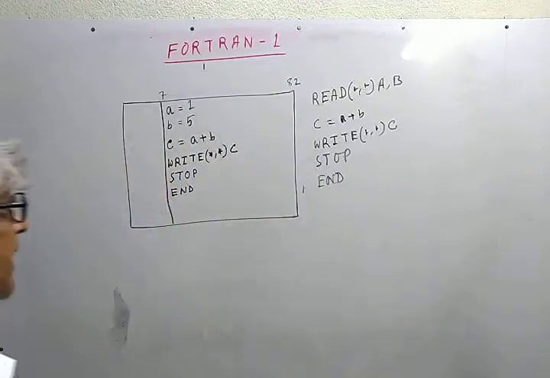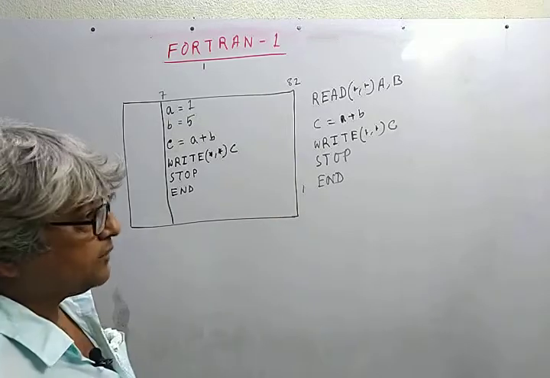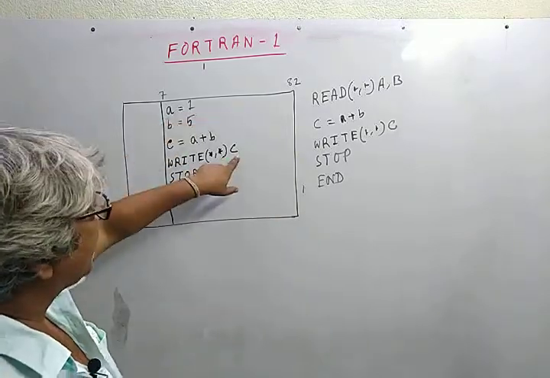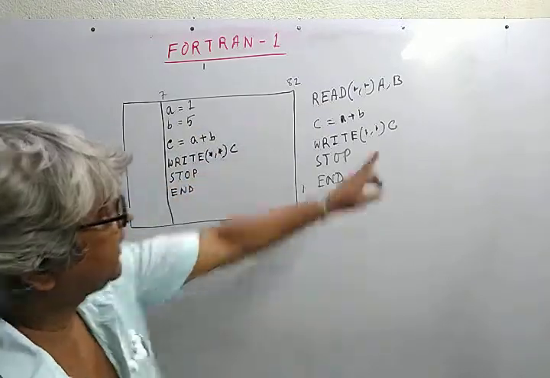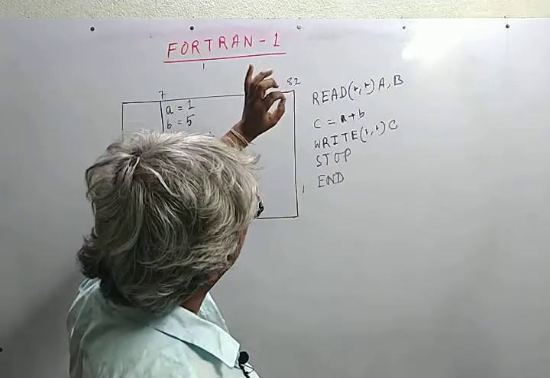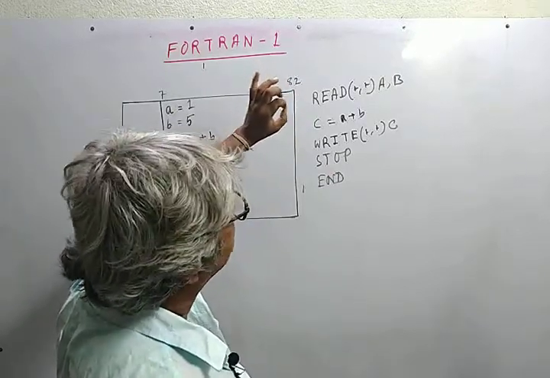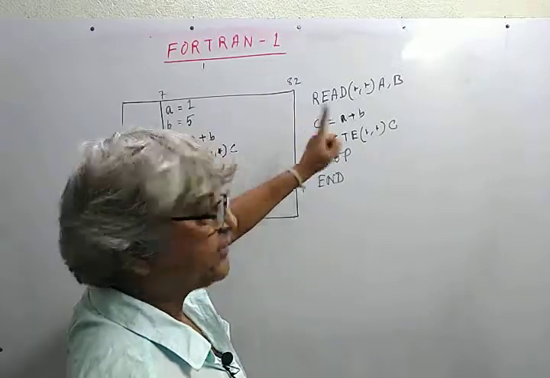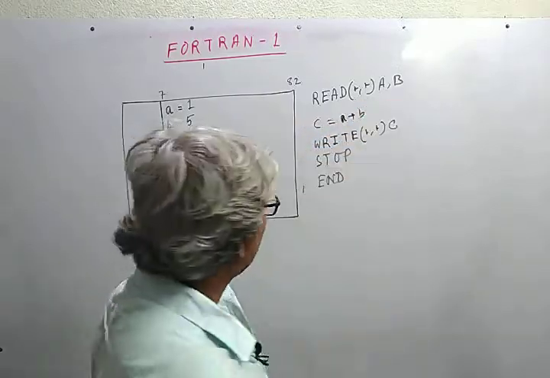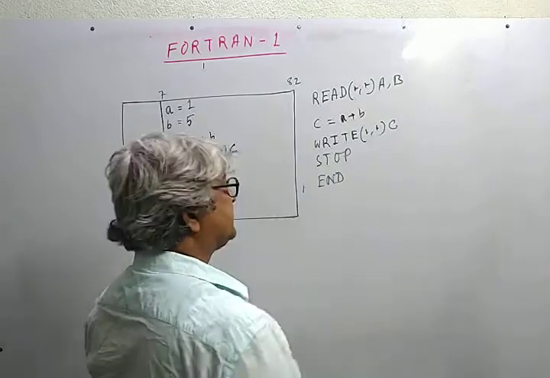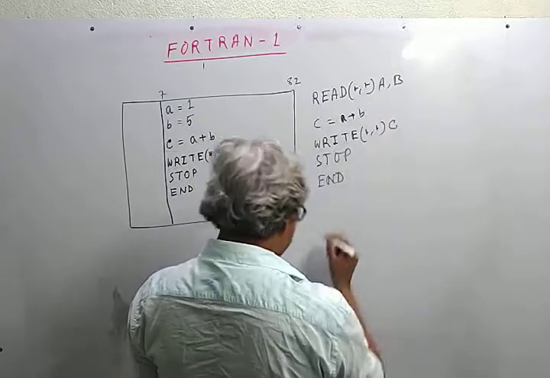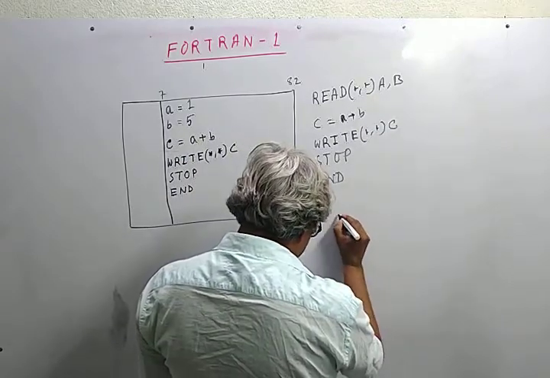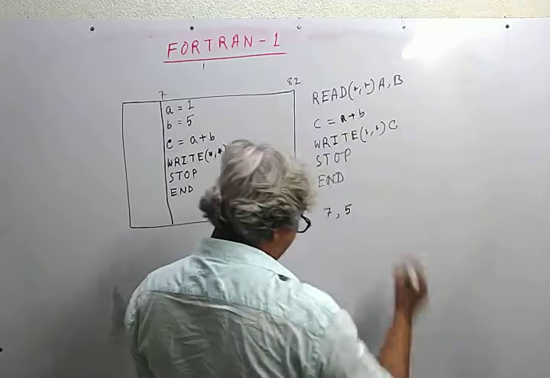If you write this program, save it, compile it and then come to execution, the cursor will keep blinking until you provide the values of A and B. When you come to the execution line, you first provide the value of A, say 7, then a comma, then the value of B, 5.